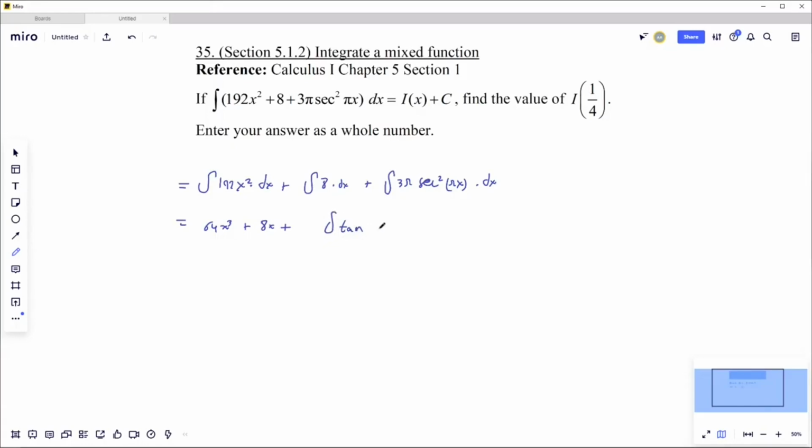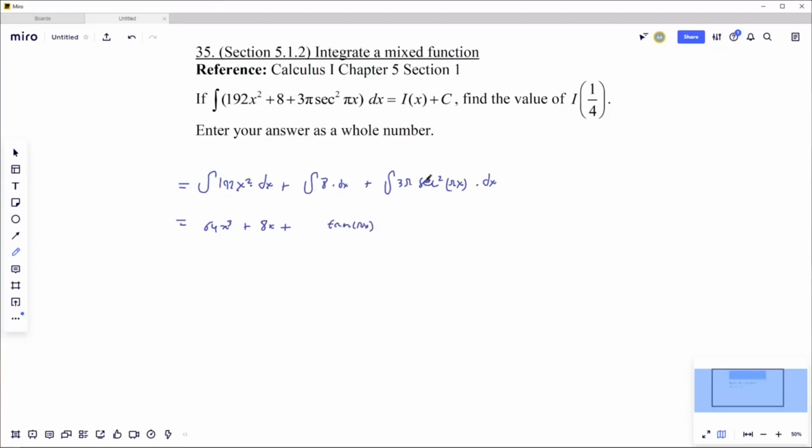You cannot simplify this and then somehow have the tan on its own. So if you write tan, don't write the integral, because tan is gotten from the integration of the derivative of tan, which is secant squared. So tan pi x, but we're not done.